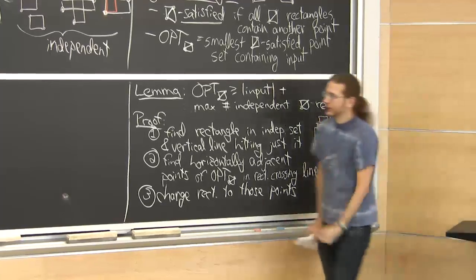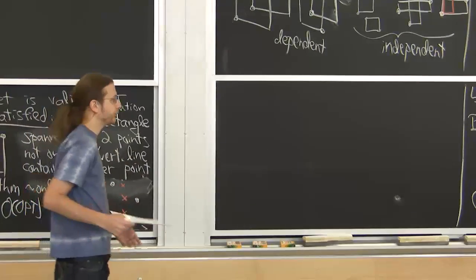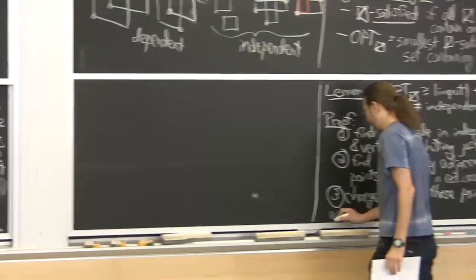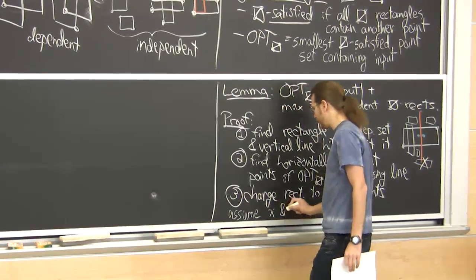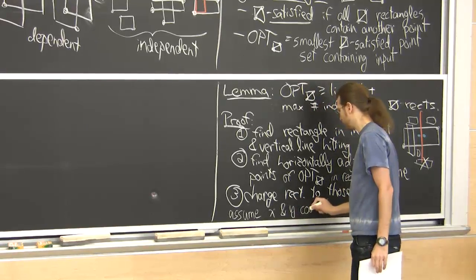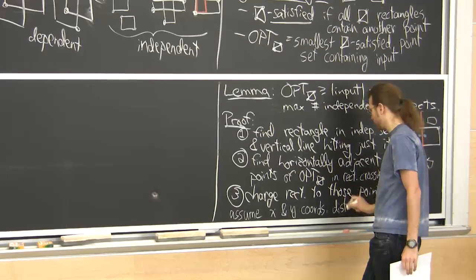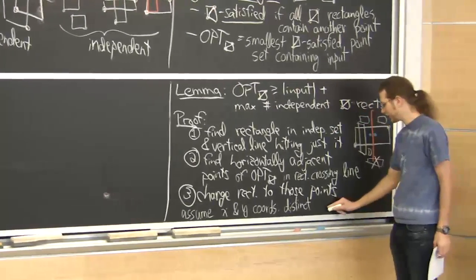So there's lots of things to check here. Let's do them one at a time. And throughout, I'm going to assume, write that at the bottom, assume all x and y coordinates are unique. This is an idea I mentioned last time as well.